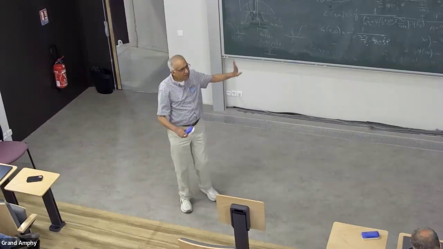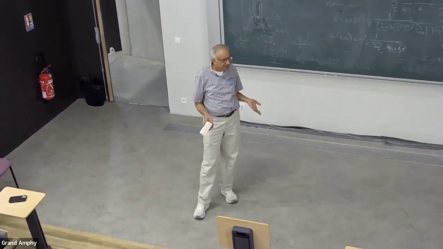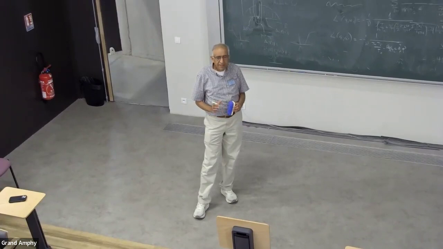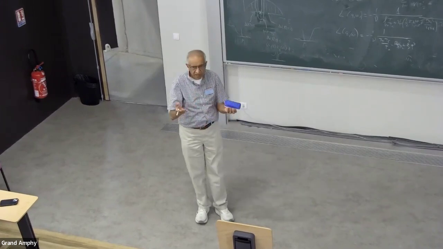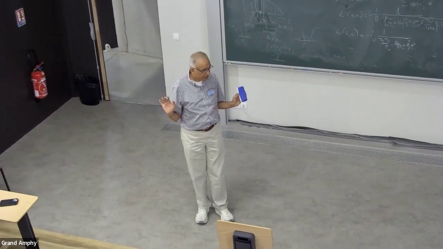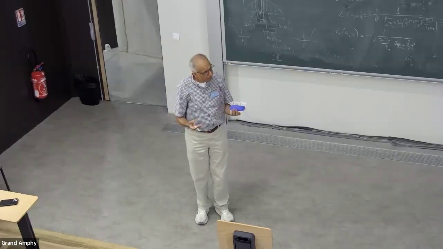Forget all this stuff, just do BCS theory at mean field level. If you calculate the density of states, the coherence factors, u_k squared and v_k squared, which you all know, never enter into the expression for the tunneling density of states. They cancel out. So you can ask, what are these peaks and what is their origin?